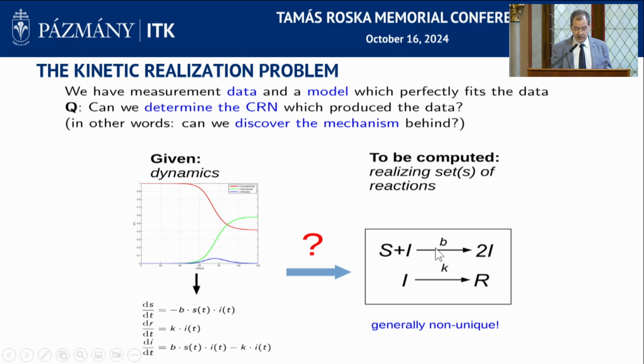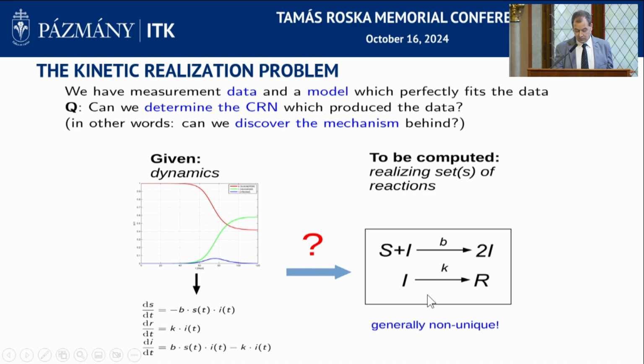And there were very few results in the literature in this field. And relating this to circuit theory, it's similar, of course mathematically different, but similar to finding an electrical network realizing a transfer function. The difference is that we have a general nonlinear dynamics here.